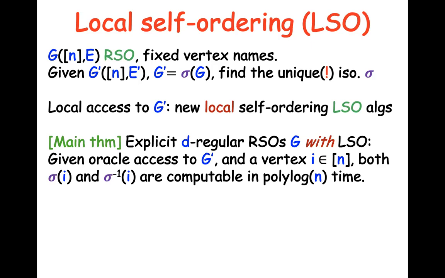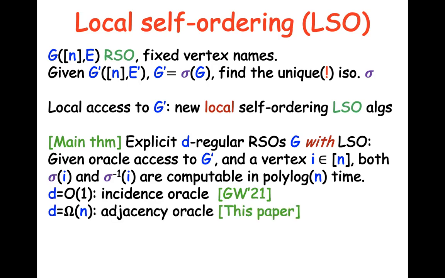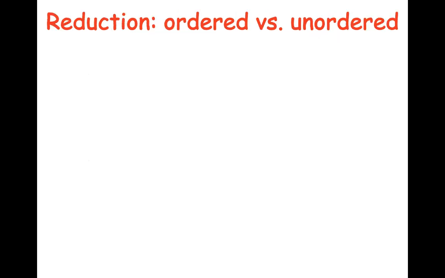That's a local self-ordering procedure. It can be done for any particular vertex. We don't need to look at the whole graph. This was done for sparse graphs in the previous paper, and here is part of the main theorem, doing it for dense graphs.